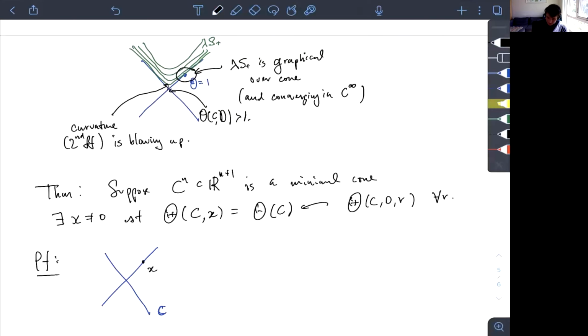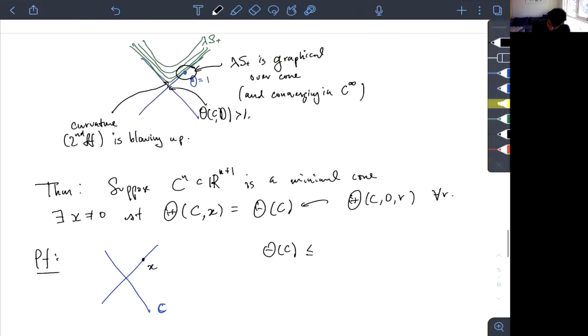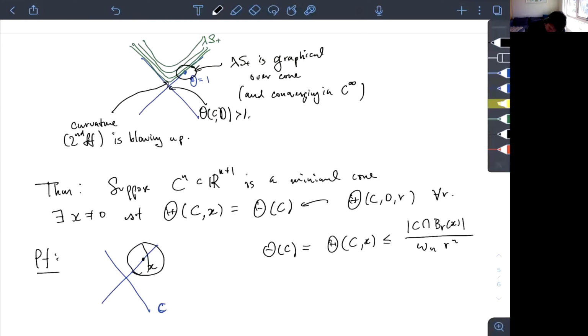Okay. So we have that the density of the cone is less than or equal to, sorry, and by assumption, this is equal to the density of the cone at x. It's less than or equal to, by monotonicity, this, the ball of radius r around x.